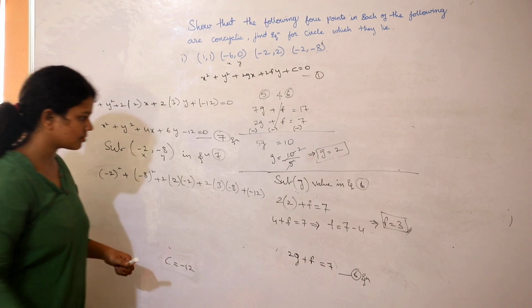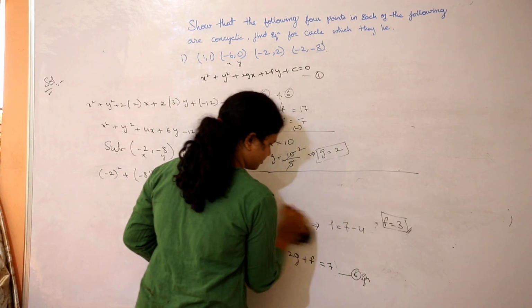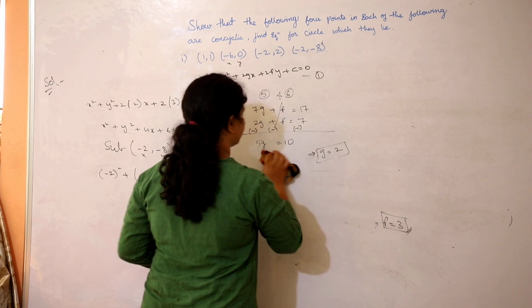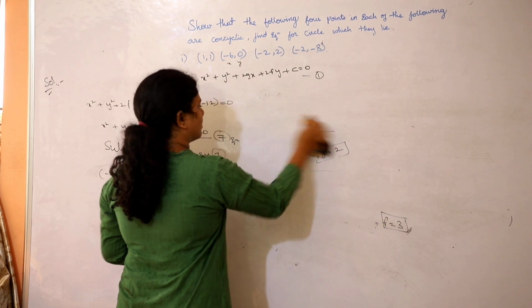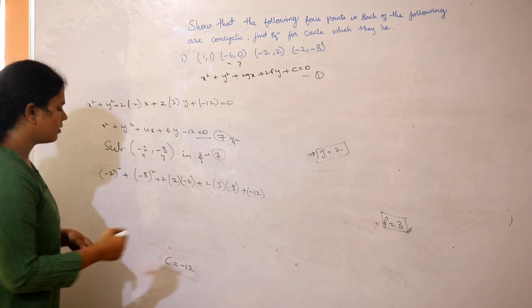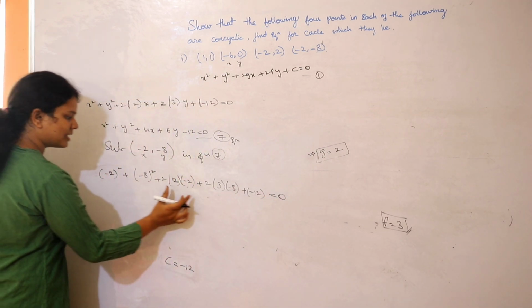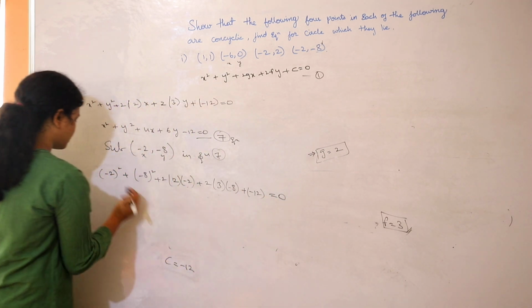Okay, let me rub this out. You might get confused with this. This is the c value, this is the g value. X square plus y square plus 2gx plus 2fy plus c is equal to 0.